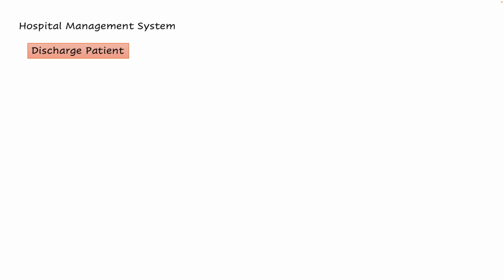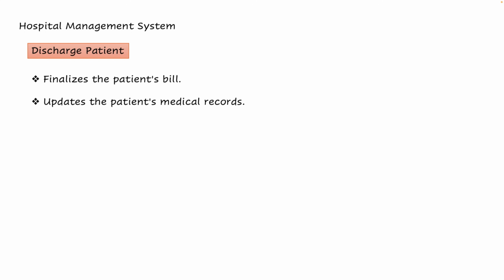If you think practically, before discharging a patient, what actions or activities do we usually perform? Let's list down a couple of key points, then we'll try to understand how Spring events help us solve this problem. To discharge a patient, first we need to finalize the patient bill. Once we finalize the bill, we need to update the patient medical records or history.